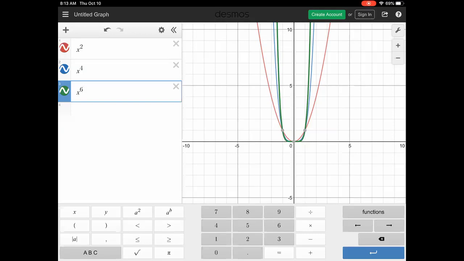So the blue one is x to the 4, so it's still a little bit wider. X to the 6 is a little bit tighter, but also sat down harder on the axis. We have the same shape regardless, it's just how narrow and how flat at the bottom it's going to look.